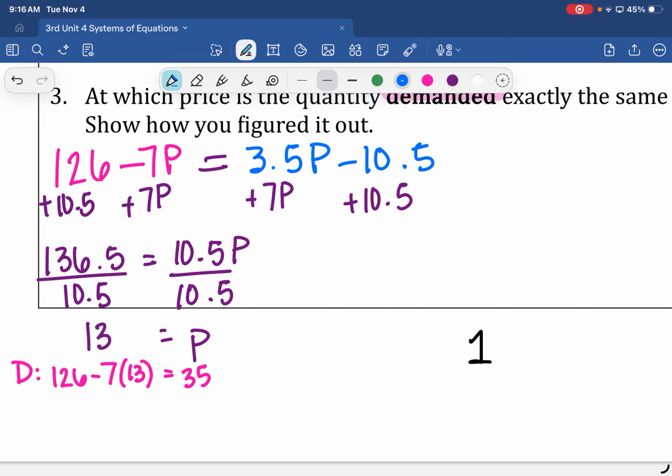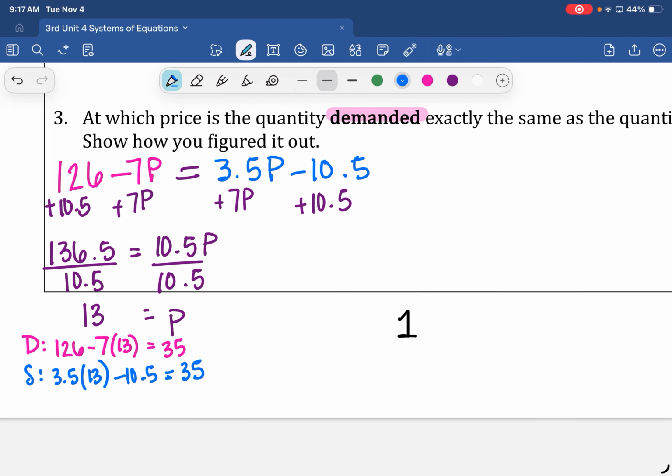Now let's do the same thing, but with our supply. So we're going to do 3.5 times 13 minus 10.5. What does that give us? $35. So at $13, is supply and demand the same? Yeah. So that's what we're going to put here.